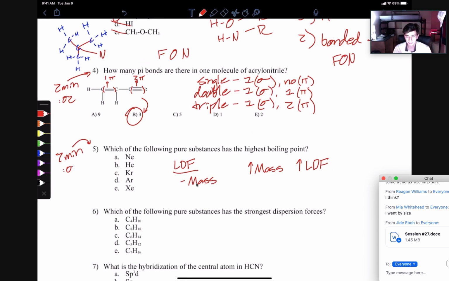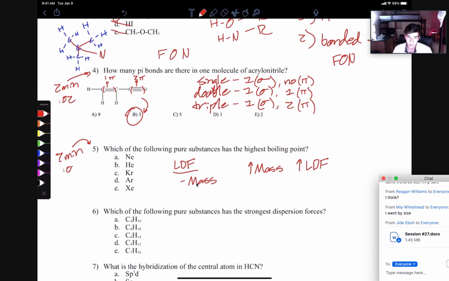And in real life, those electrons are moving around. There's a very, very, very slight chance that at some given moment, those electrons could all happen to be perfectly aligned to where they form a very temporary, brief dipole. And so that dipole can cause attractions between molecules. So that's the idea behind London dispersion forces.